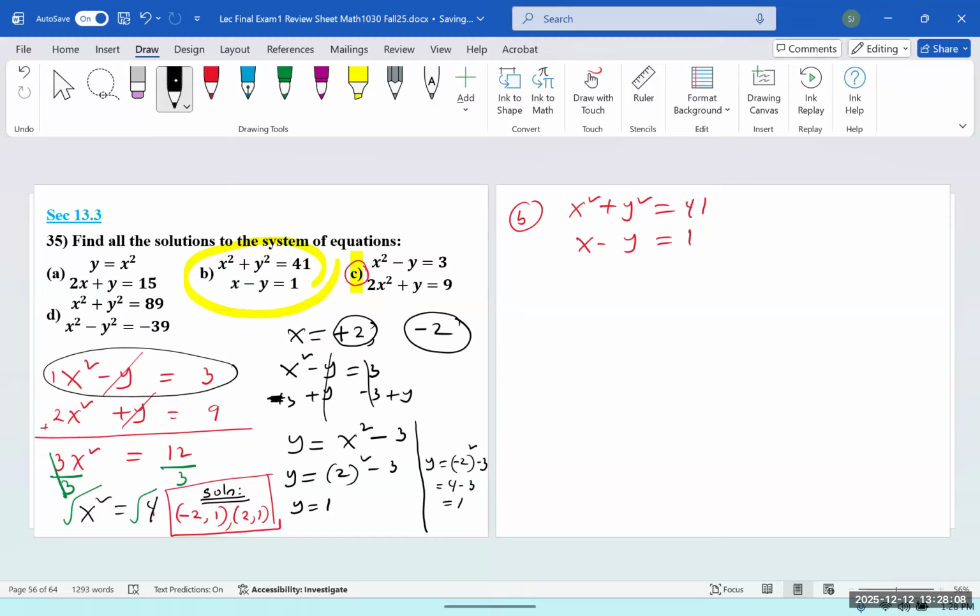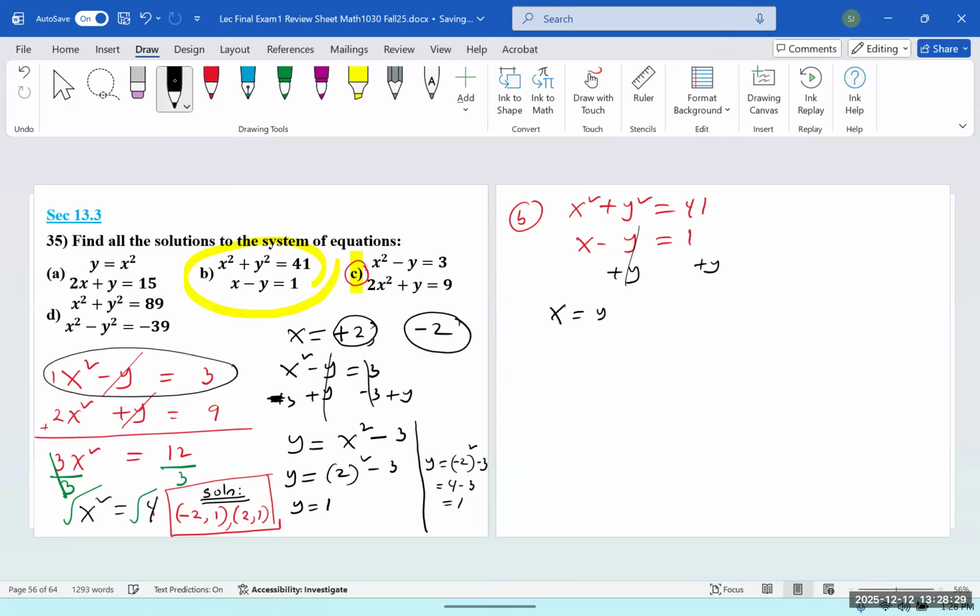So we have to use substitution. It means you have to solve for one variable from one equation. Which variable is easier to solve, the first equation or the second equation? Second equation.